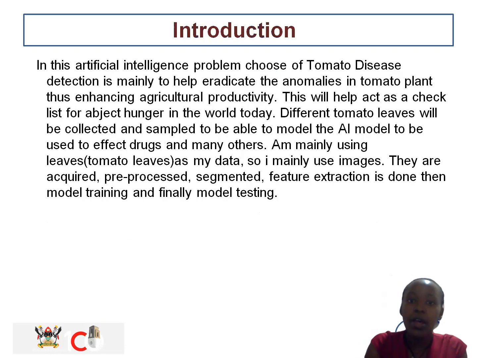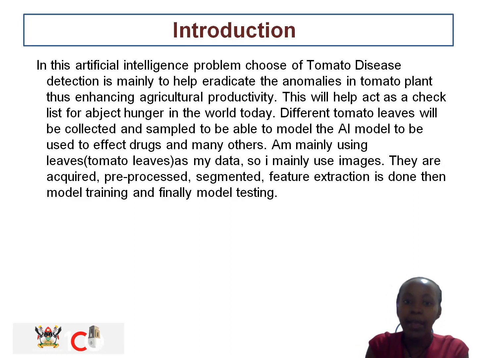So looking into the introduction, tomato disease detection is mainly to eradicate the anomalies in tomato plants, thus enhancing agricultural productivity. This will help act as a checklist to the abject hunger in the world today. Different tomatoes will be collected and sampled to be able to model the AI model to be used to effect drugs and many others.